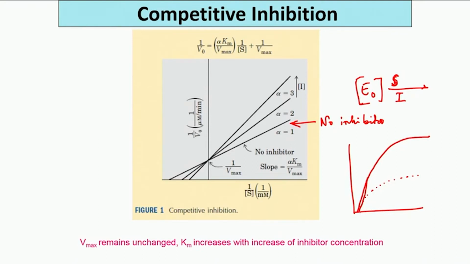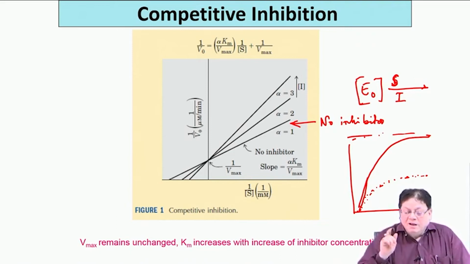When there is inhibitor in competing amounts like the substrate, it will lower the Vmax. But when you have a large amount of substrate compared to the inhibitor, you will reach the Vmax you used to get in absence of the inhibitor.